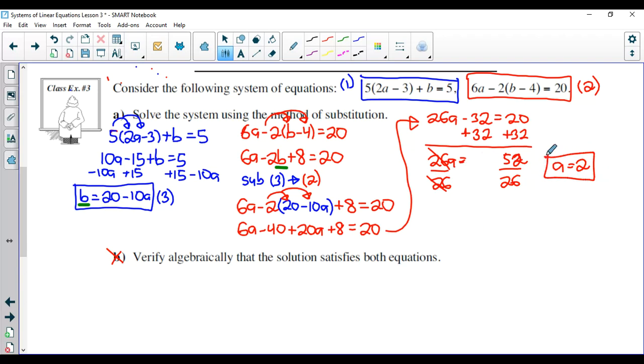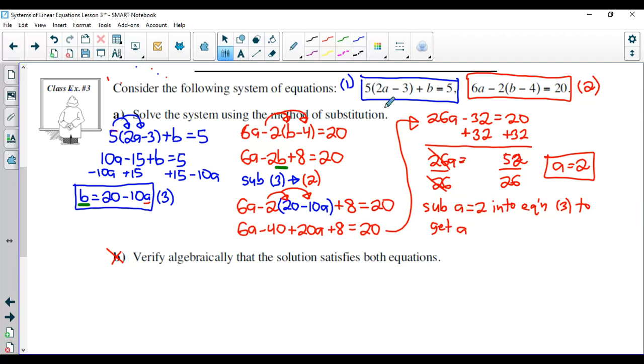Now to calculate the value of b, we're going to take this value of a and throw it back into equation 3 here. So I'm going to sub a equals 2 into equation 3 to get b.